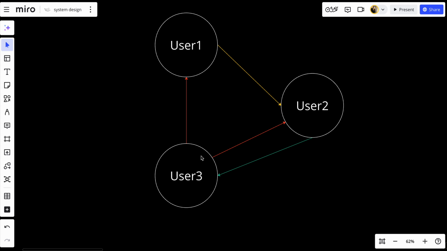In a graph database, querying relationships between users is highly effective and efficient. You can quickly answer a question like, who are my friends of friends? For example, user 1 is following user 2, but user 1 doesn't follow user 3. User 1 can find out who the followers of my followers are. They can go that deep.